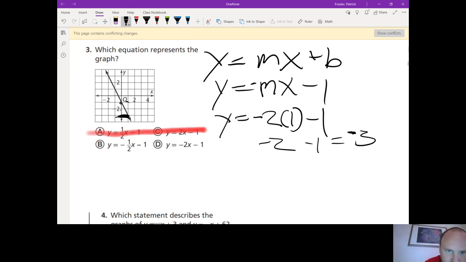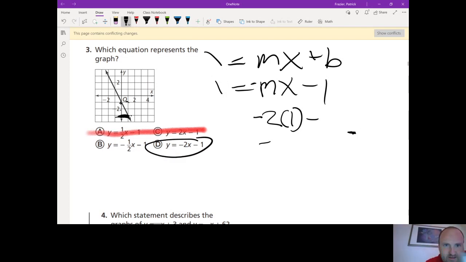We went down 2 and over 1. To the right 1 and then down 2. So the answer is this one. B is also incorrect, but D is correct.